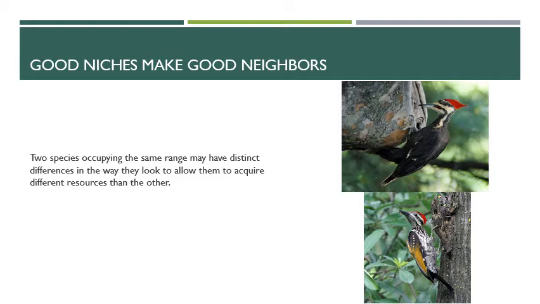When a resource partition occurs, if these 2 species live in the same area, they tend to adapt to that region. They're going to look very different from each other. Here are 2 woodpeckers. Their beak shapes are very different. One beak is wider, better for grabbing grubs off the tree.